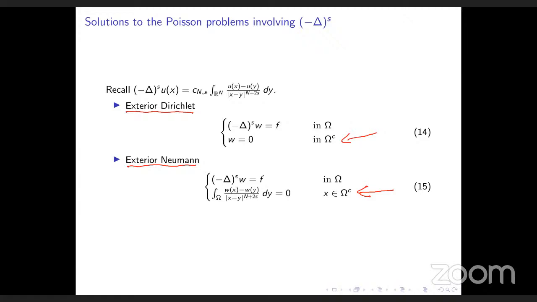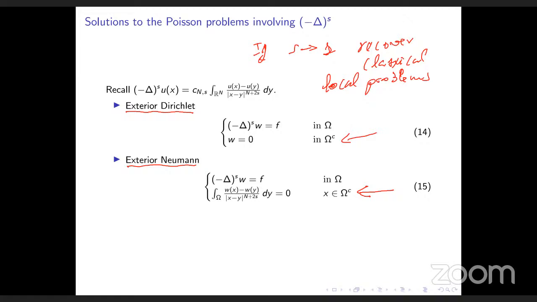And for both problems, if s is converging to 1, then we recover the classical, local problems, which means the Dirichlet problem for the Laplacian and the Neumann problem for the Laplacian.